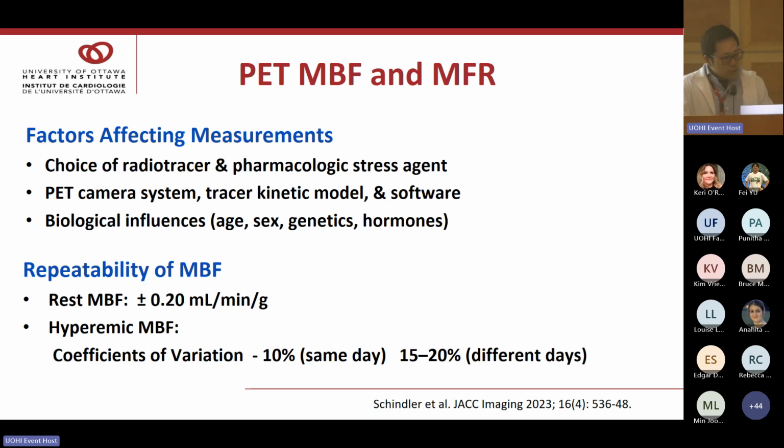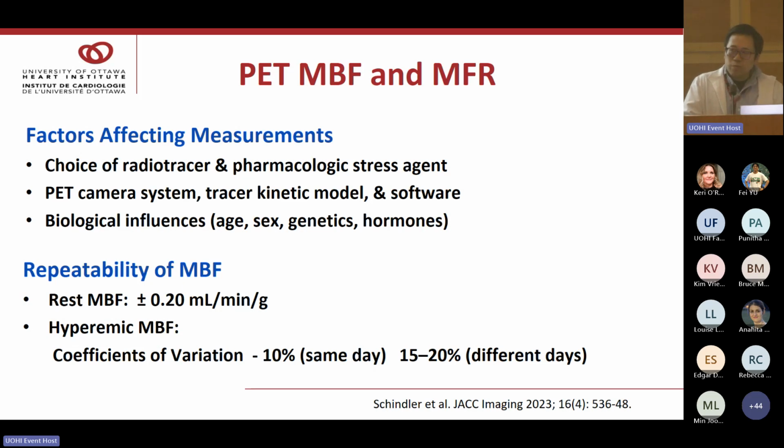First, it's important to remember that several factors can affect the quantification of MBF. We need to consider the radiotracer, the pharmacologic stress agent, and the PET system itself, as well as the post-processing software. We also know that biological variables such as age, sex, and genetics can change flow values.